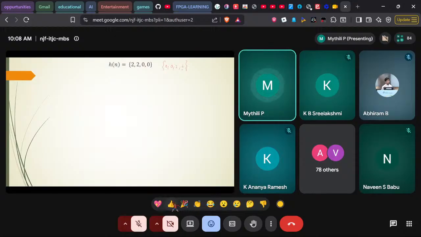I'll correct this before sharing. So here you can see there is 10. This number is carried over here. Same way this one is carried over here. This is carried over here.